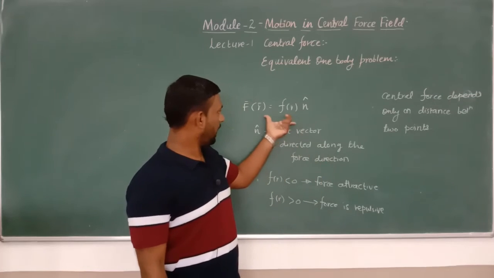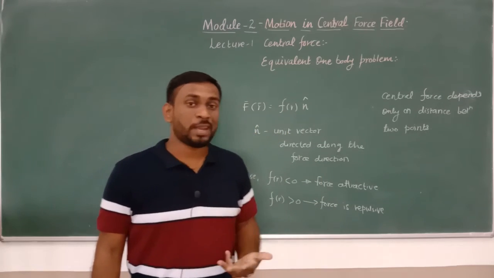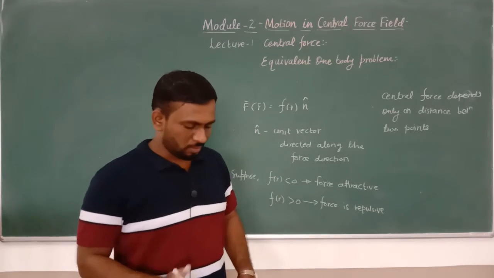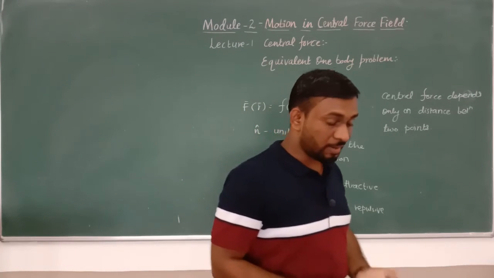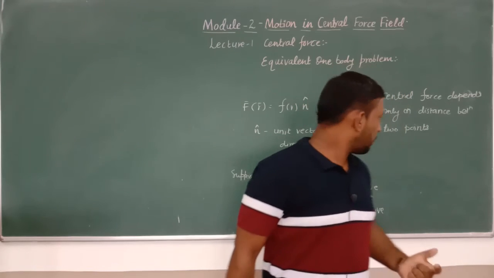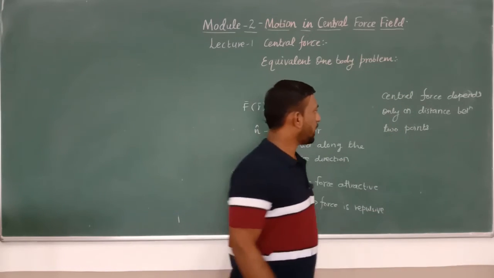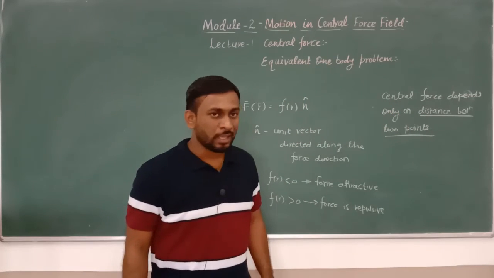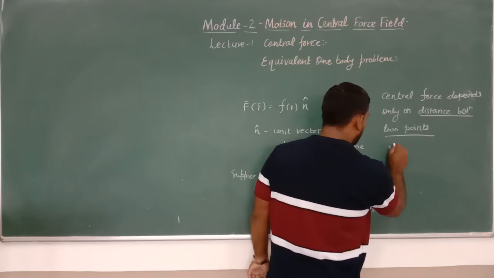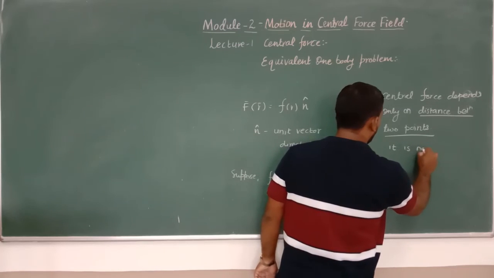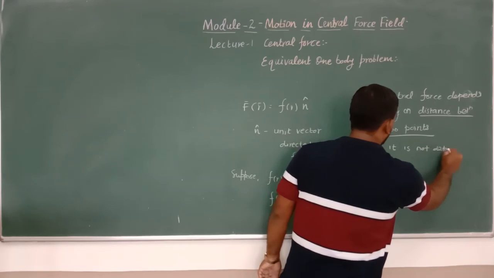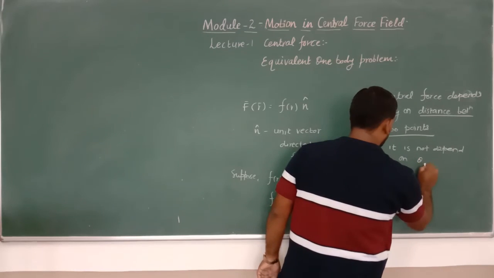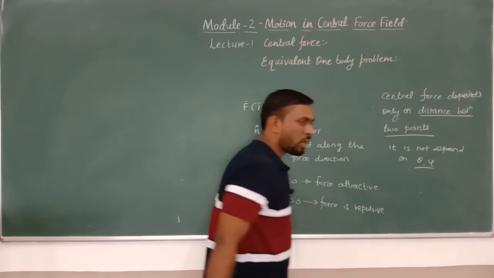Since we are writing this in the spherical polar coordinate system, we can again represent this F of R in terms of the Cartesian coordinate system or the cylindrical polar coordinate system. But you should remember the central force only depends on the distance between these two points. It does not depend on theta and phi.